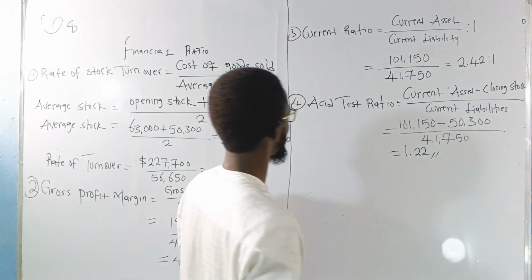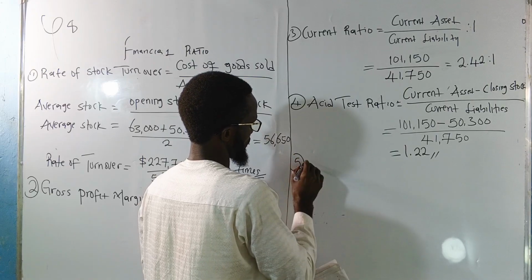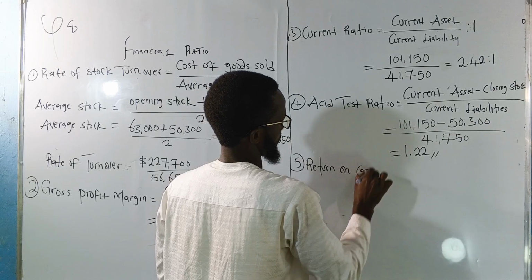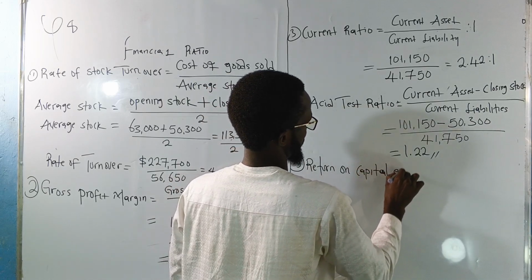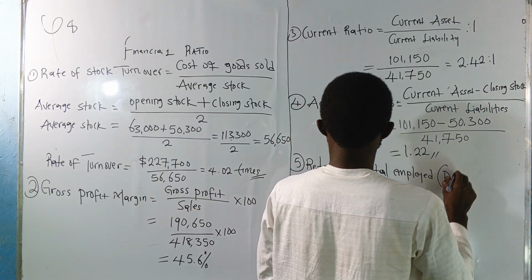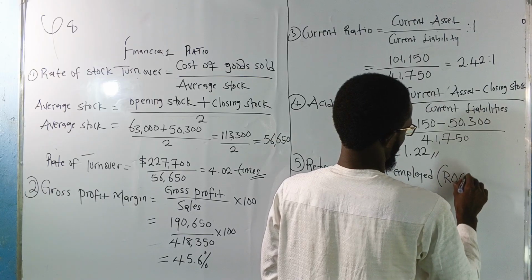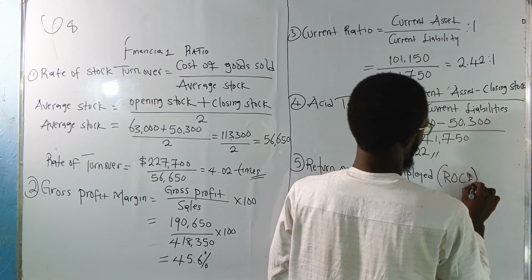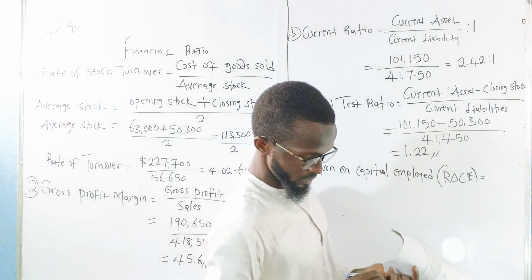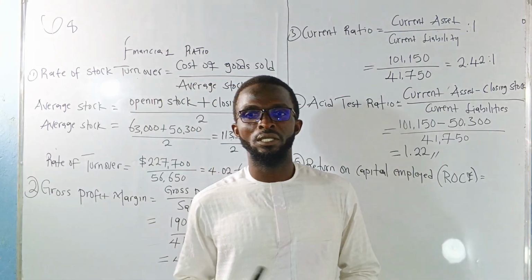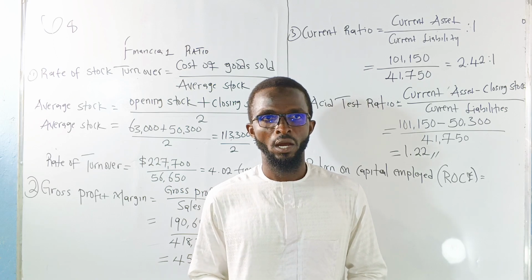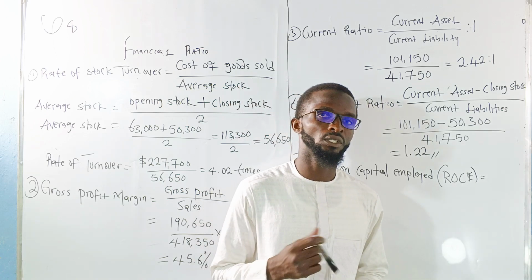The last but not the least is number 5, return on capital employed, also known as ROCE. The return on capital employed measures how efficiently the business uses its capital to generate profits.